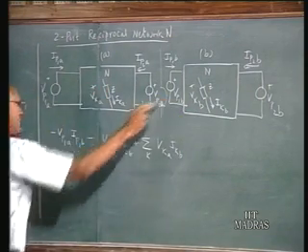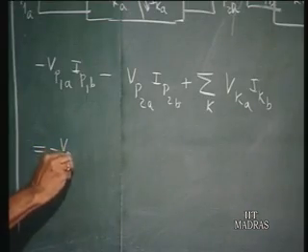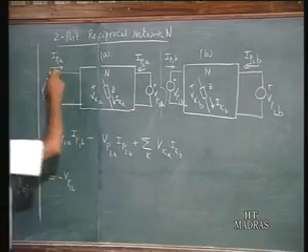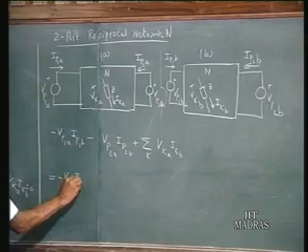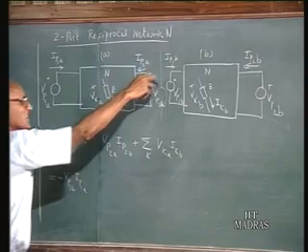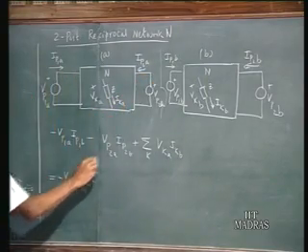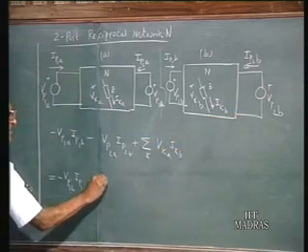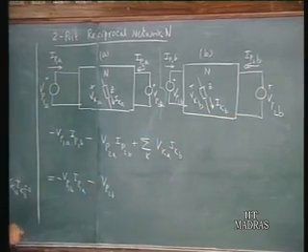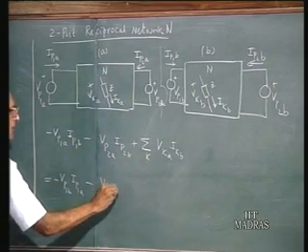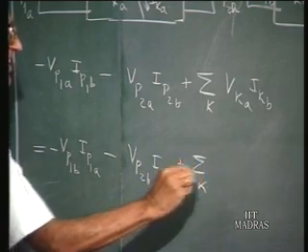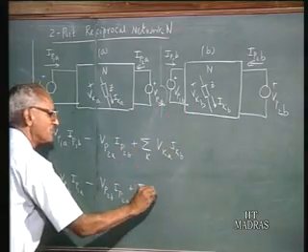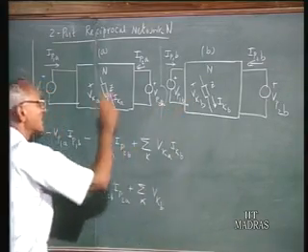So here minus VP1B, again for the same reason, because the voltage here and the current here are contrary to the conventional reference directions. Therefore, minus VP1B times IP1A, minus again this voltage VP2B times this current IP2A, plus summed on all internal elements VKB times IKA.